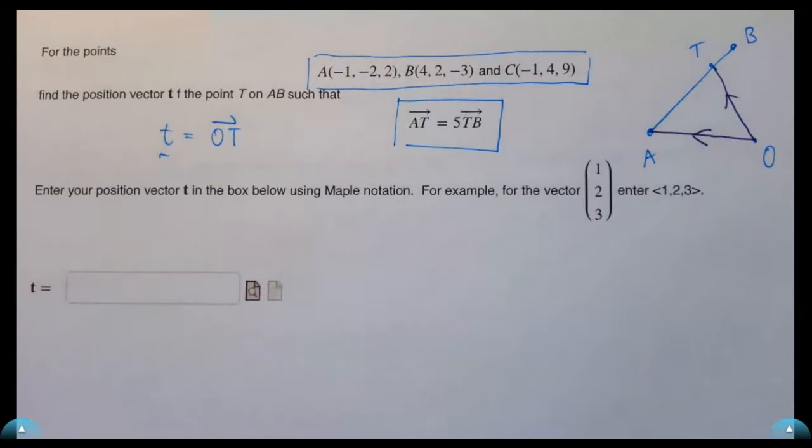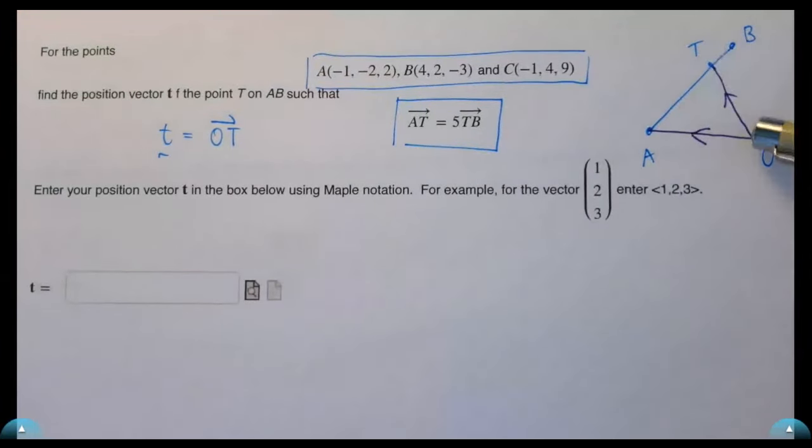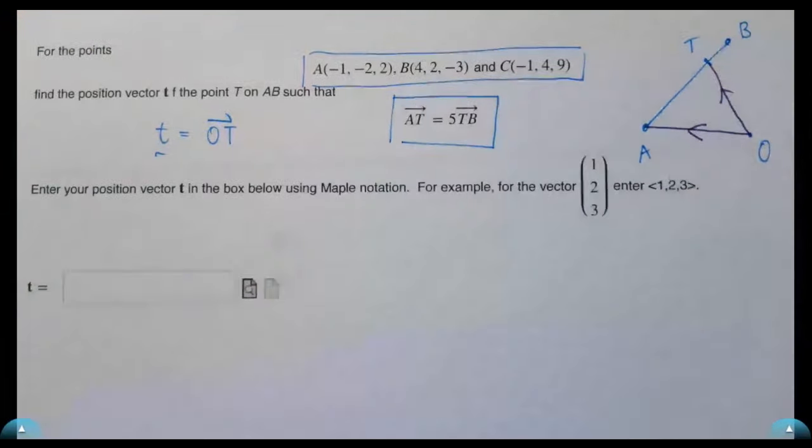So really, we want the vector from O to T, and then in terms of OA plus AT. But we don't know what T is. So let's see if we can get AT in terms of AB. All right, that's the basic strategy.